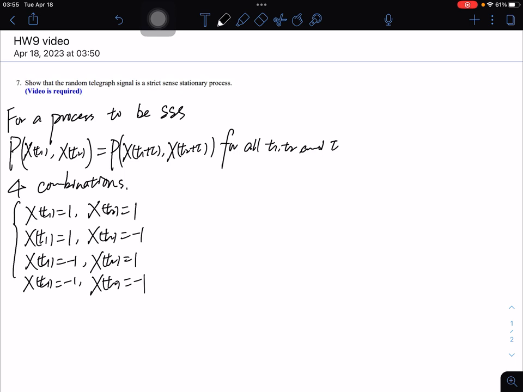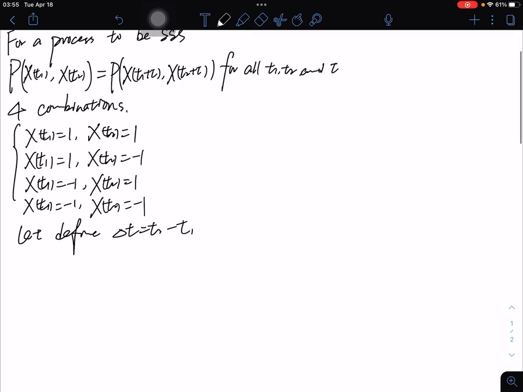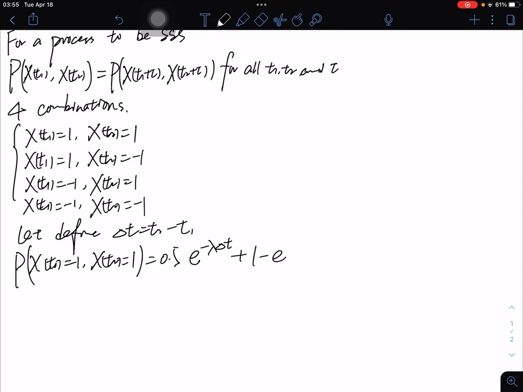Let's define delta t equals t2 minus t1. Then P(X(t1) = 1, X(t2) = 1) equals 0.5 times (e to the minus lambda delta t plus 1 minus e to the minus lambda delta t).